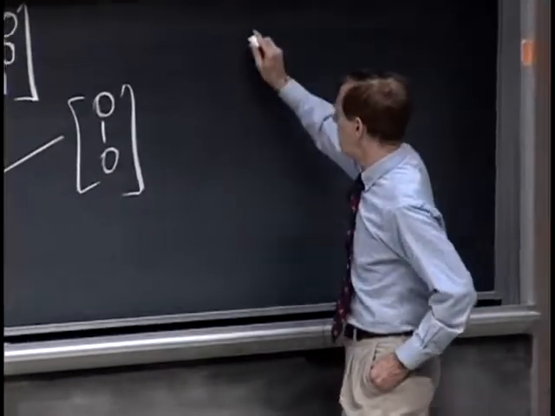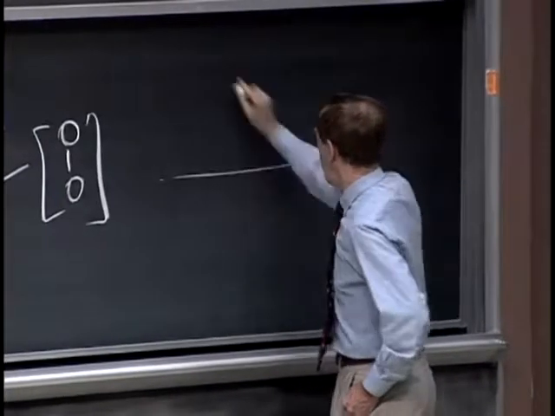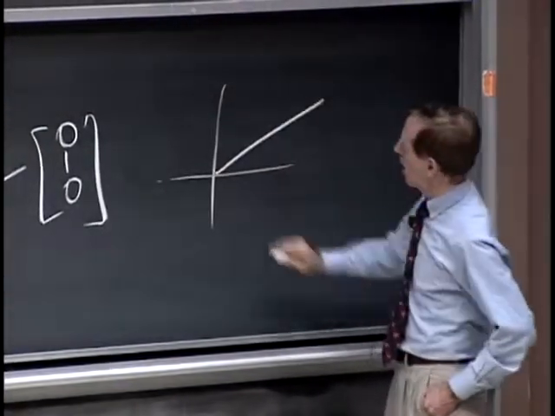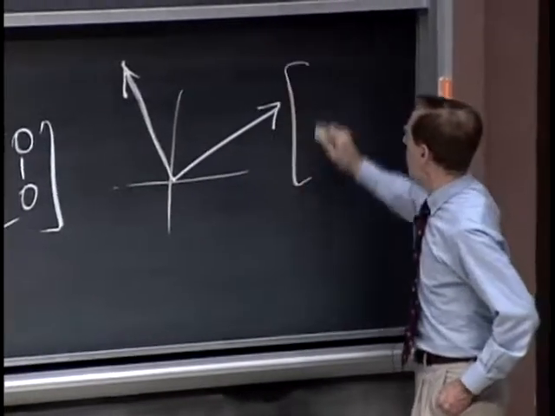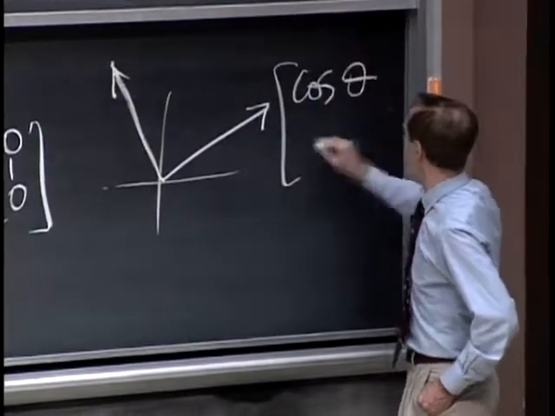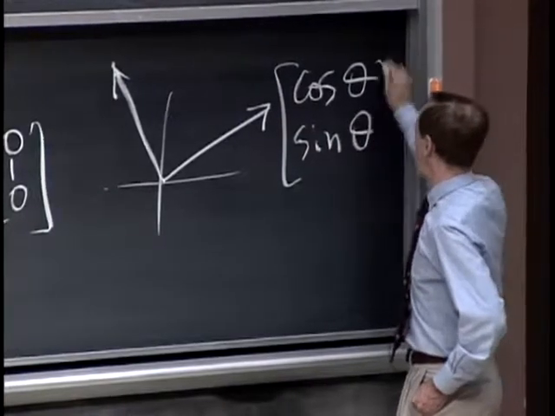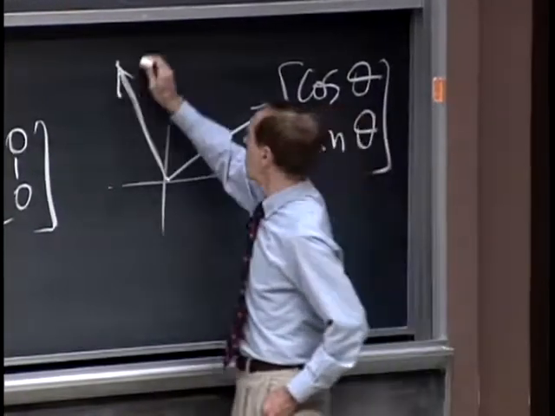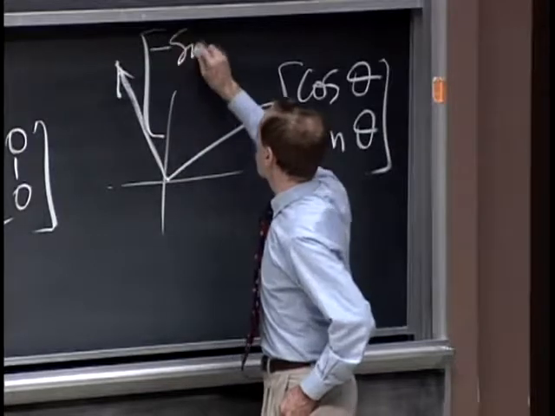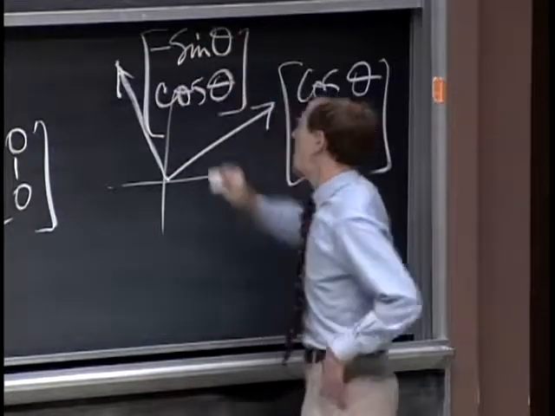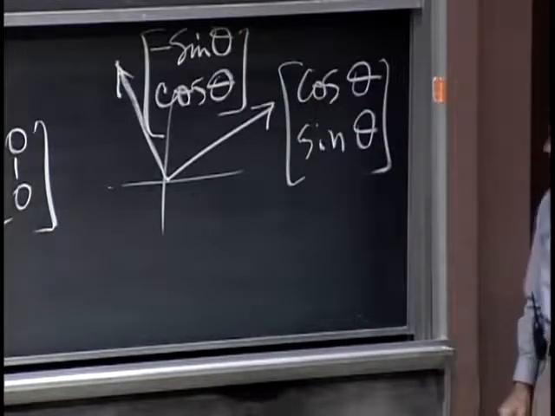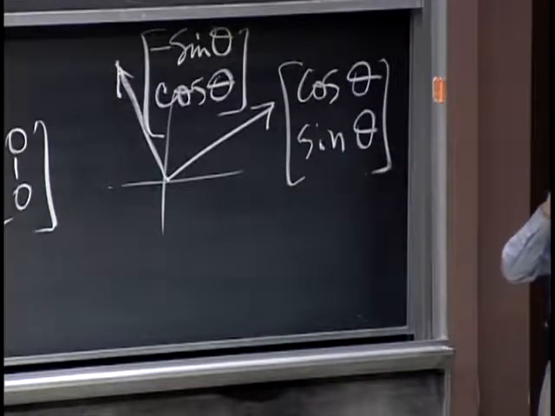They don't have to be those 3. Let me do a final example over here. How about one at an angle like that and one at 90 degrees? That vector would be cos theta, sine theta, a unit vector. And this vector would be minus sine theta, cos theta. That is our absolute favorite pair of orthonormal vectors.